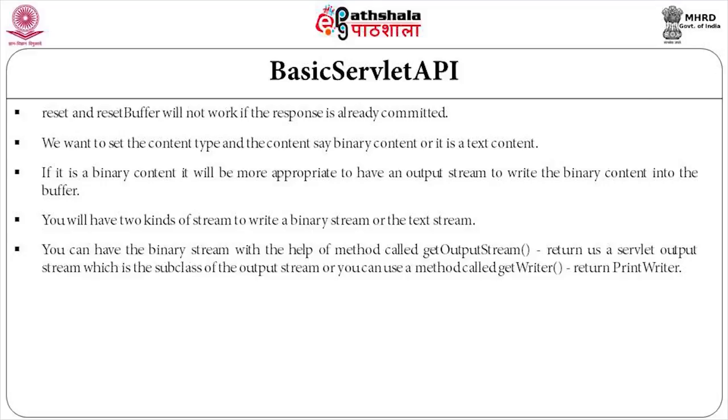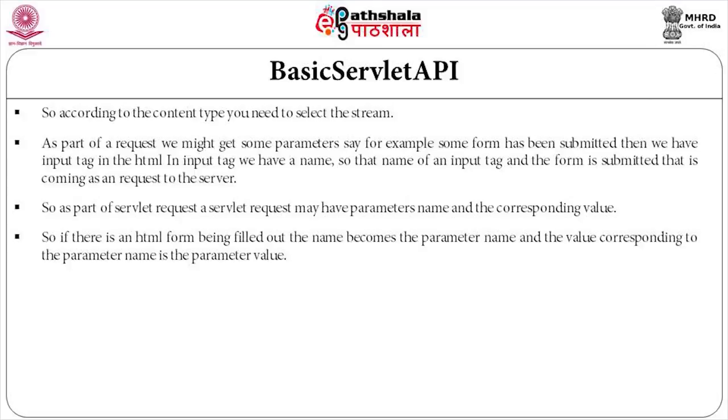According to the type of content you would like to write, you select your stream and get your stream object. Those are the methods available to give you a stream, and it is these streams that will be used for writing content into the buffer. Those are the most common methods used in the servlet response.